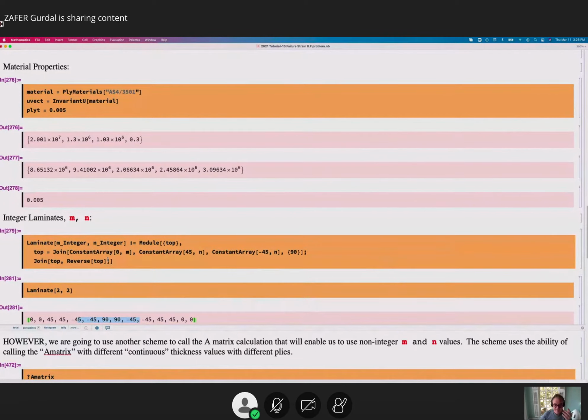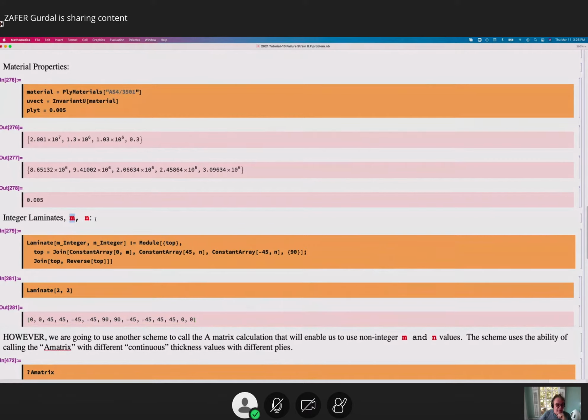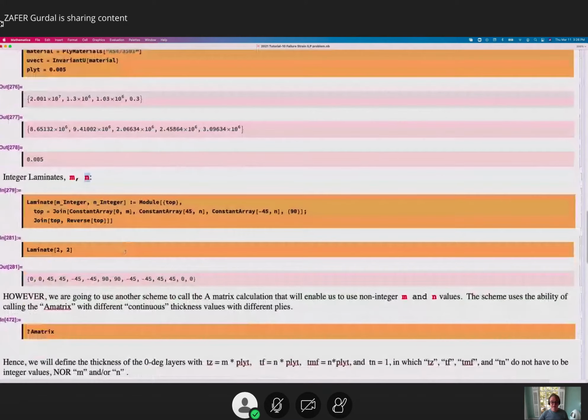Now, having said this, I know I can benefit a great deal if I can have M and N be non-integer values. Why? That will not be a real laminate. Nobody is going to be able to build a laminate that doesn't have M and N as integers.